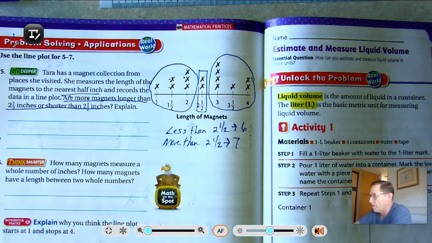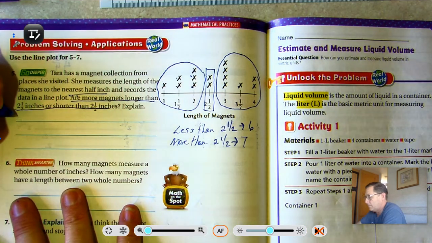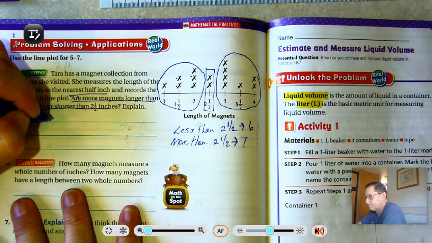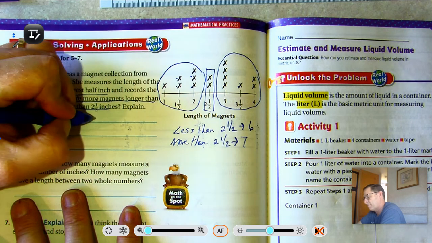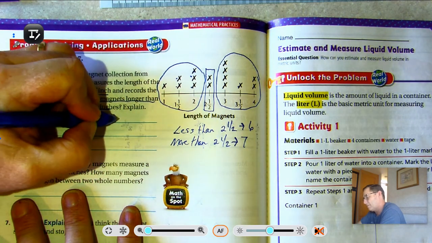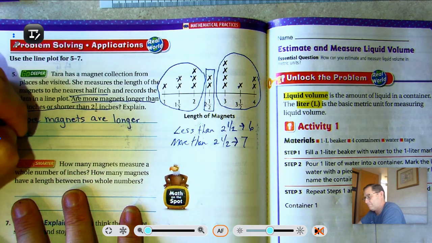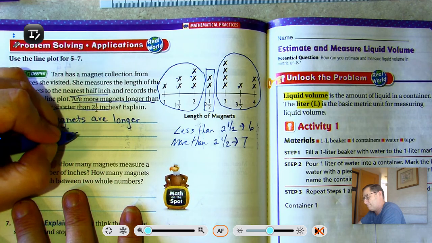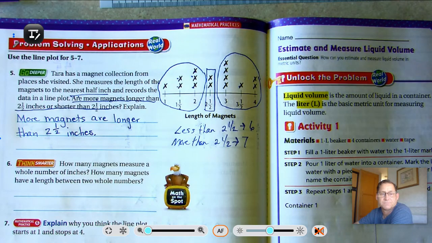All right, so are more magnets longer than 2.5 inches or shorter? All right, so more magnets are longer than 2.5 inches. Explain.